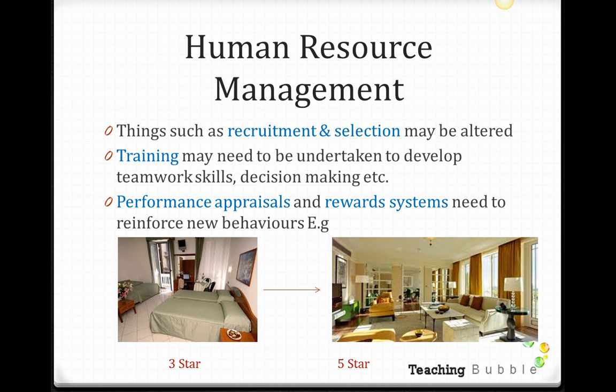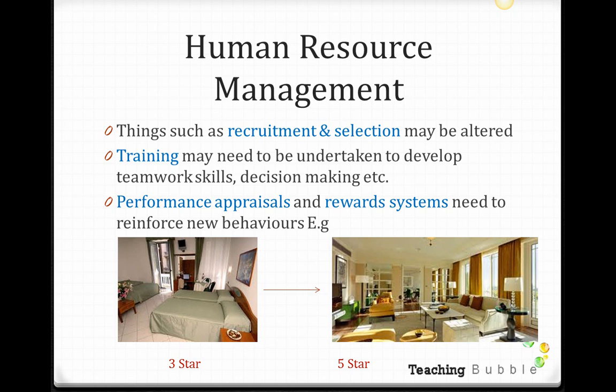So how you recruit and select employees is going to be altered, because all of a sudden the employees that you want need more experience in customer service, a higher level of customer service. They need a higher level of skills, maybe some qualifications, etc. So in terms of who you're recruiting, your pool of applicants is going to change. And your selection will also change.